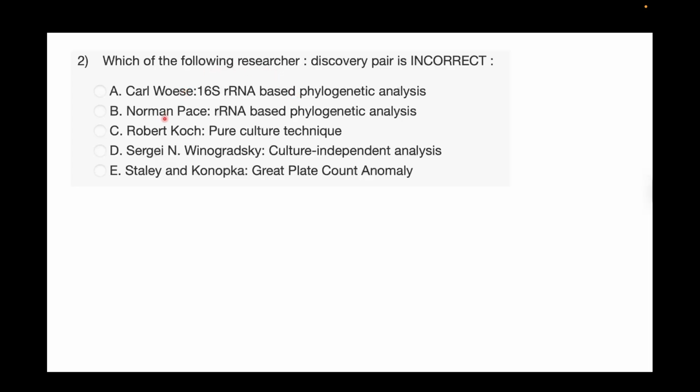Option B, Norman Pace rRNA based phylogenetic analysis. Option C, Robert Koch pure culture technique. Option D, Sergei N. Winogradsky culture independent analysis. And option E, Staley and Konopka great plate count anomaly.